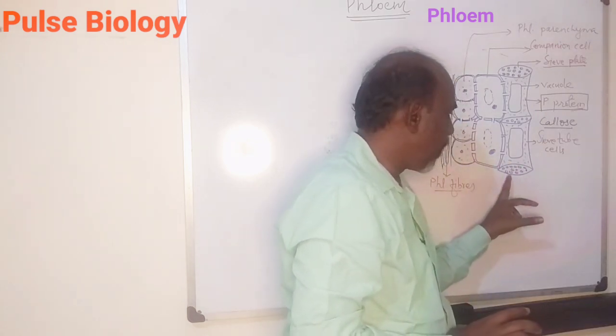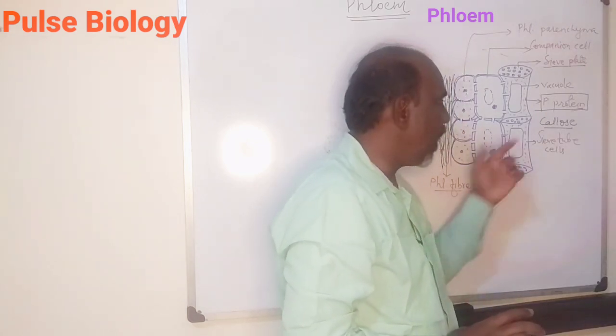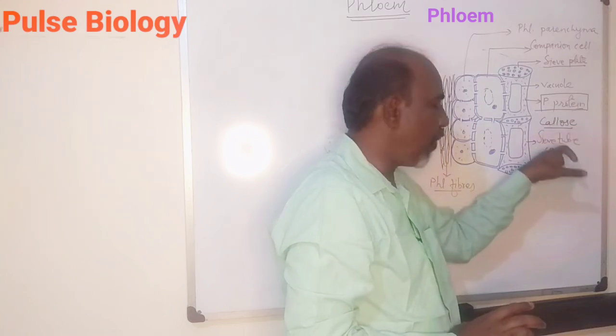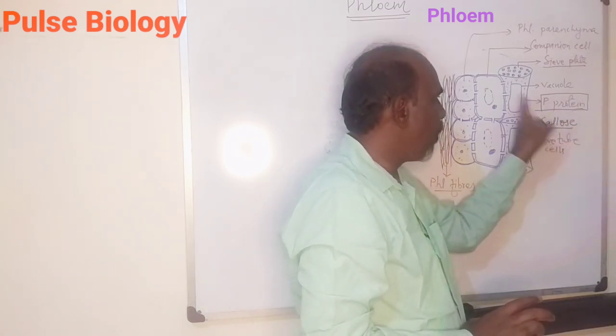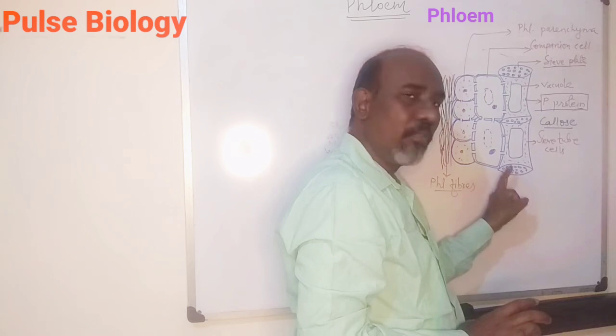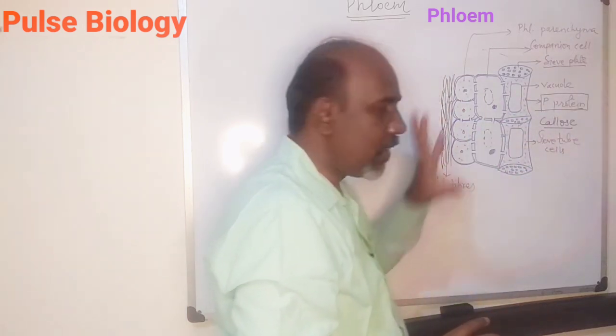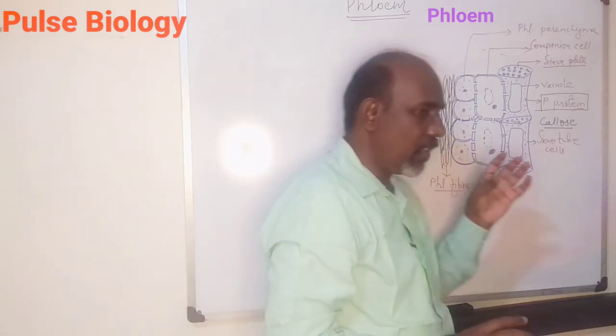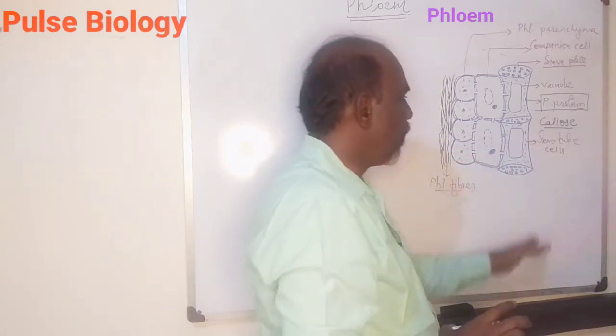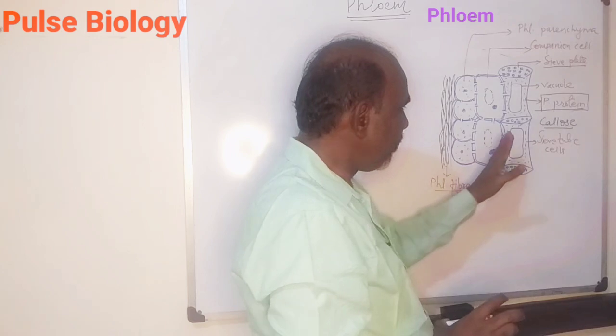What is blocked? The perforations are blocked with the help of callose, the polysaccharide, and this callose deposition in these pores is done with the help of P protein, that is phloem protein. This is a very important character of these sieve tube cells.